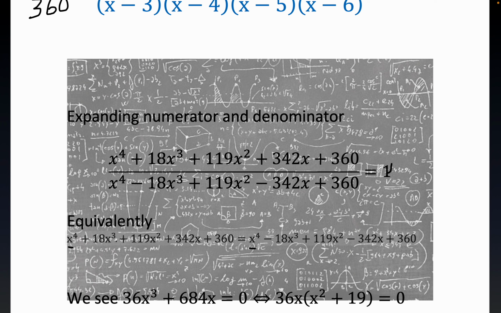Also, what else we got here? The 360s will cancel. And also the 119 terms will cancel. All right, and so that works out rather nicely. Both equations have 5 terms, and 3 of the terms cancel.